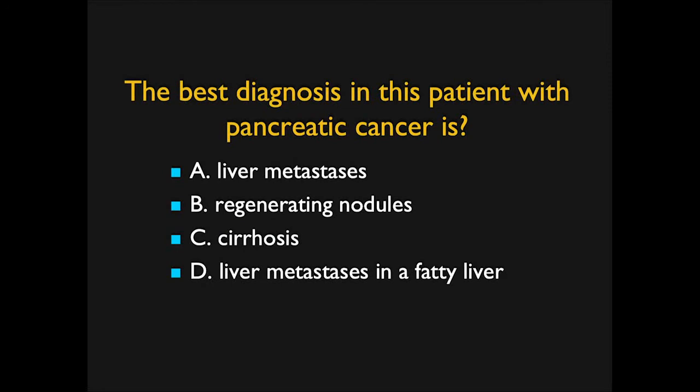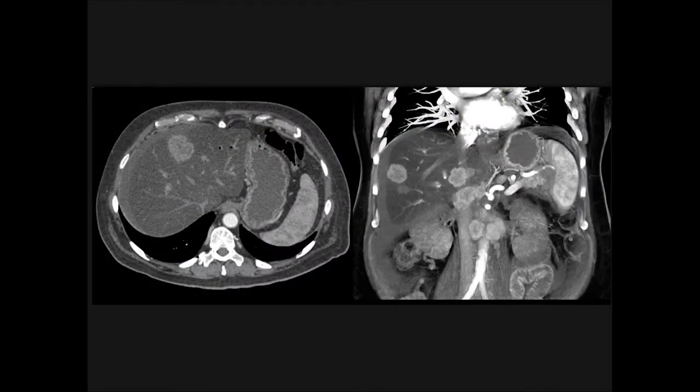This patient also has pancreatic cancer. And what's the best diagnosis? What I'm trying to show in this case, I was giving a lecture the other day about fatty liver and the problems with fatty liver, that it can easily hide mets. Now, in this case, you see multiple nodules in a patient with pancreatic cancer, and this was multiple metastasis. Now, with fatty liver, you could consider regenerating nodules, particularly if you had Budd-Chiari, but the appearance is different.